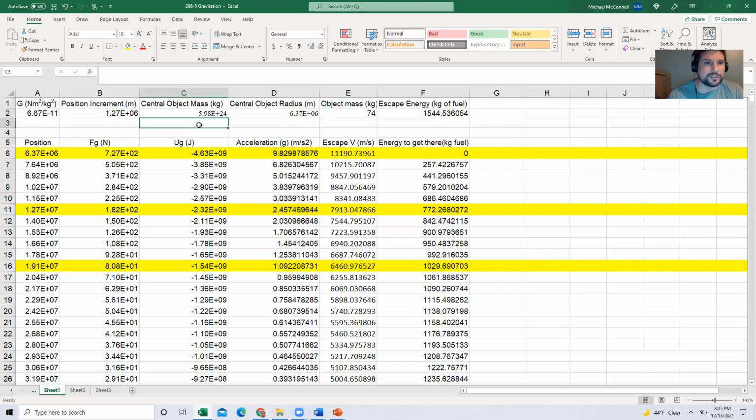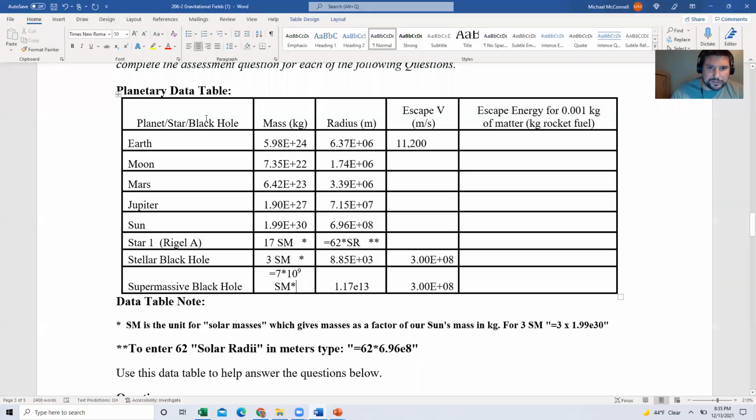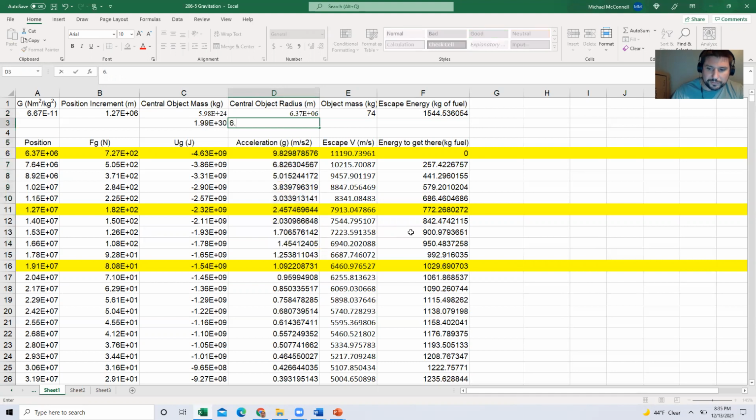But to do the 17 solar masses, it might help you to put the mass of the sun here, 1.99 E30. That's the mass of the sun, 1.99 E30, and the radius of the sun is 6.96 E8.